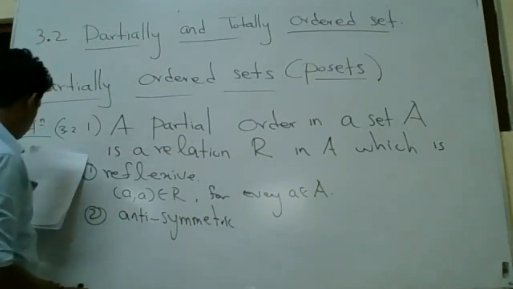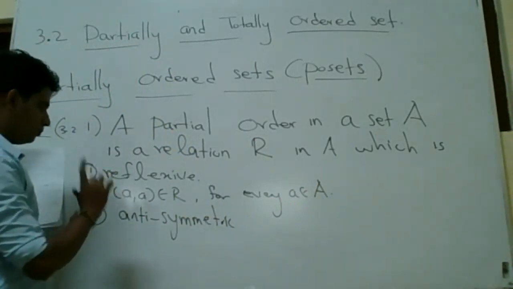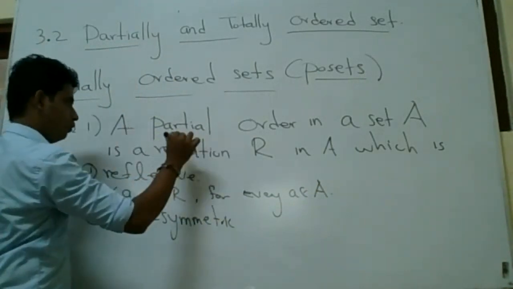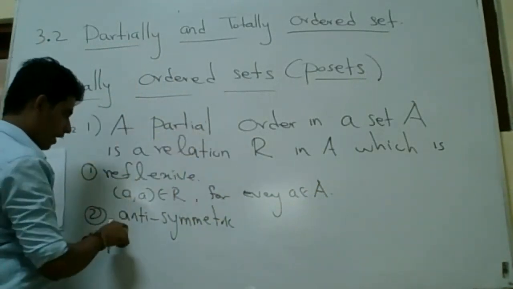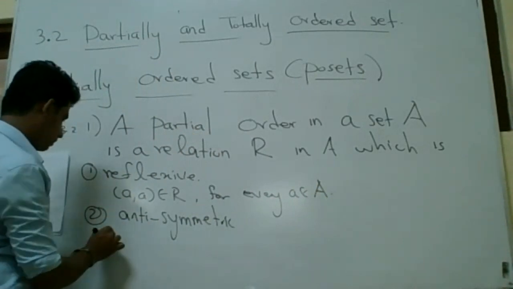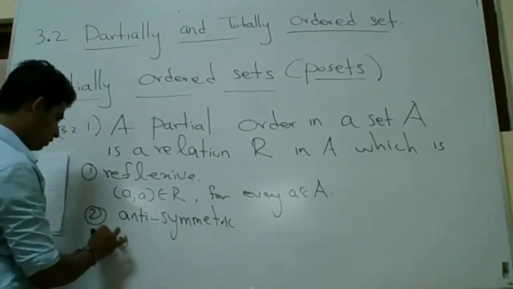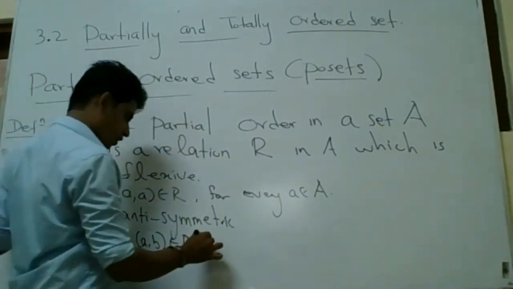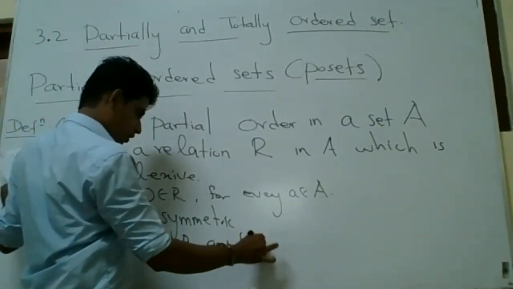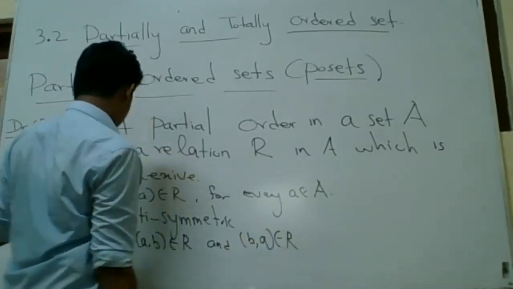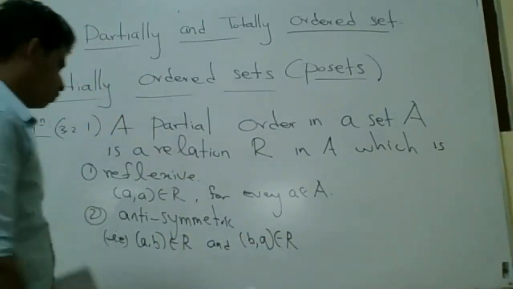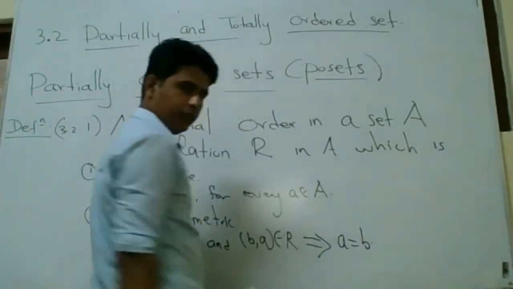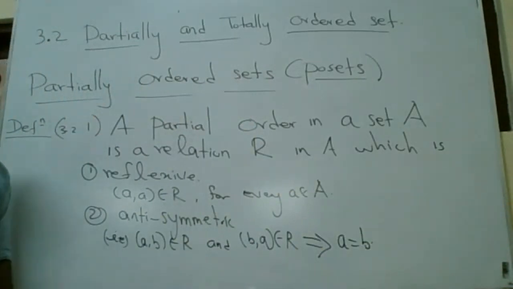Antisymmetric is a new word for you, because we already studied reflexive, symmetric, and transitive for the equivalence relation. Here for the partial order, you want to study reflexive, antisymmetric, and transitive. Antisymmetric means suppose you take (a, b) belongs to R and (b, a) belongs to R, which implies a equals b.